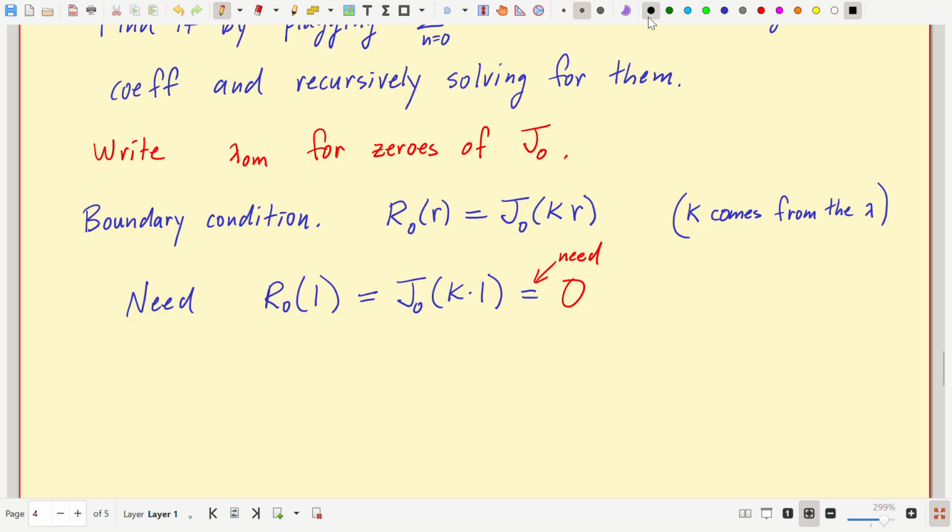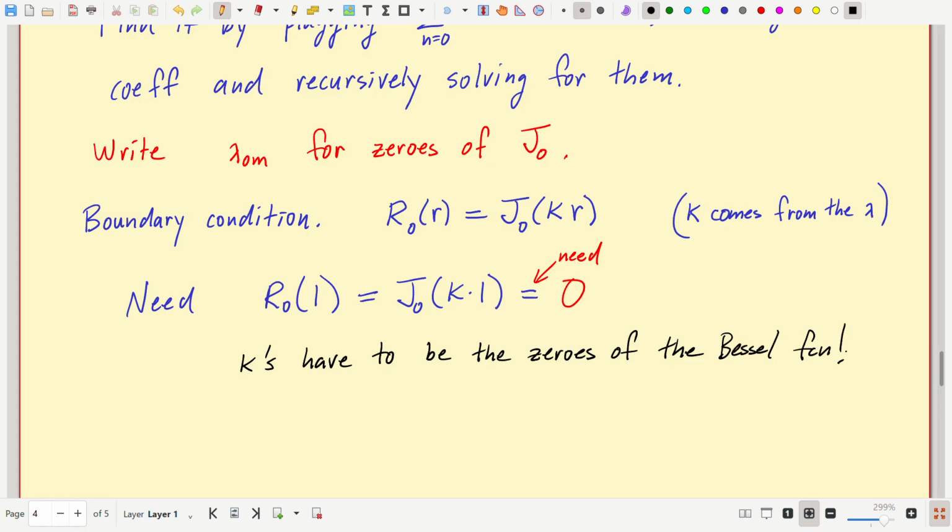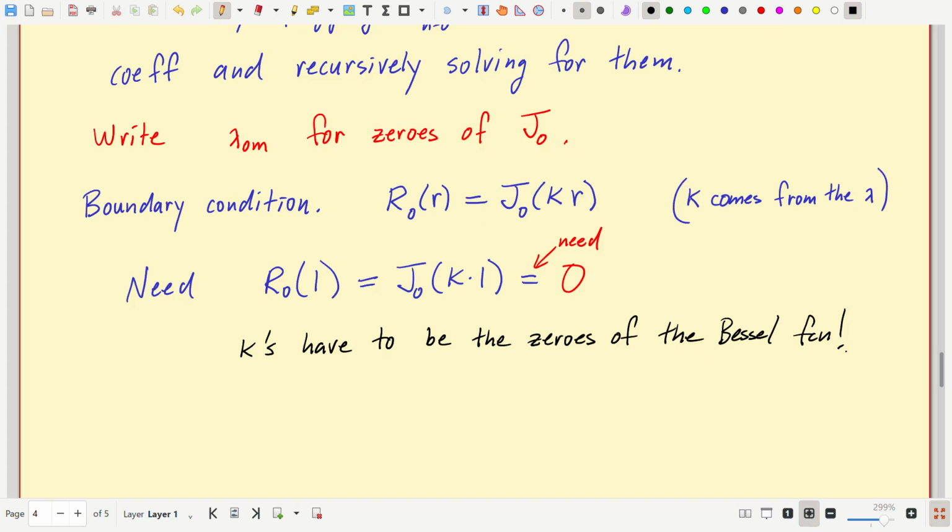And so that's interesting: the K's have to be the zeros of the Bessel function of order 0. And so they have something to do with the pitch you hear when you whack a circular drum.